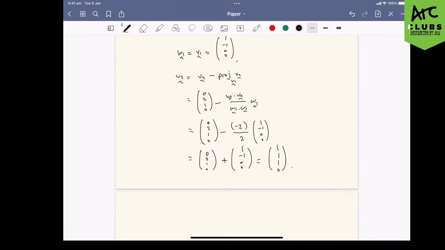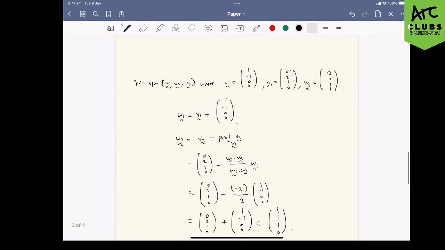Now we do the third one. Again, we take the third basis vector we have, and we take away the projections of it onto the previous W vectors. So the projection of V3 onto the previous one, as well as the other previous W vector.